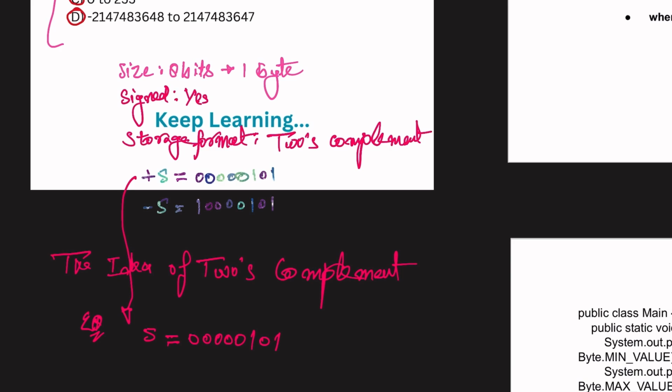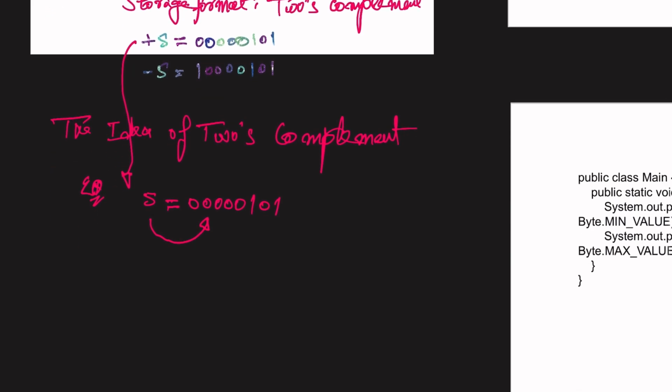We take the binary of its absolute value and invert all bits: change 0 to 1 and 1 to 0. So the same bits change.